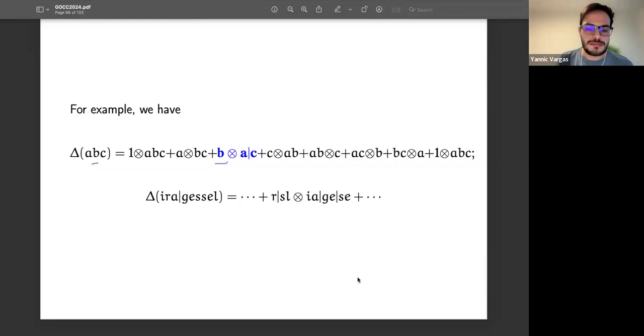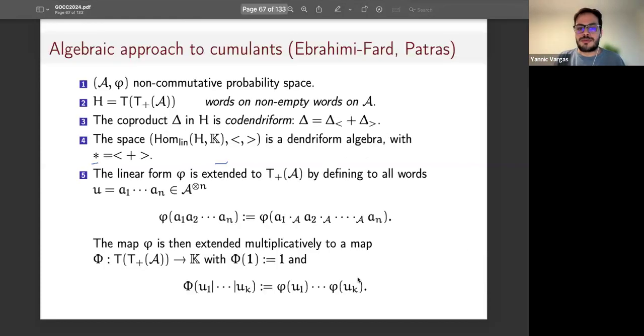Is that okay? Sure. Okay, so I just presented you this new Hopf algebra. So what is the relation with the moment to cumulant formula that I showed you before, coming from the setting of non-commutative probability? Here's the recipe, let's say. This is from a construction of Ebrahimi-Fard and Patras, and there's some magic that will come.